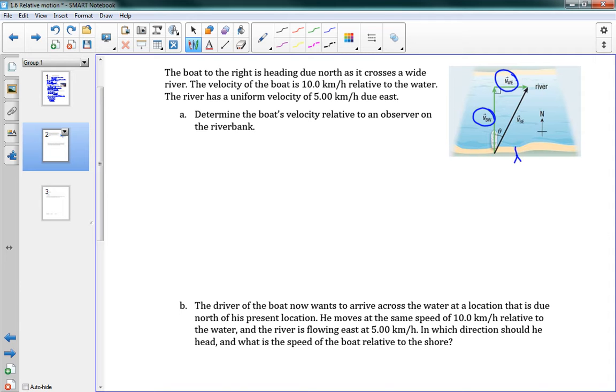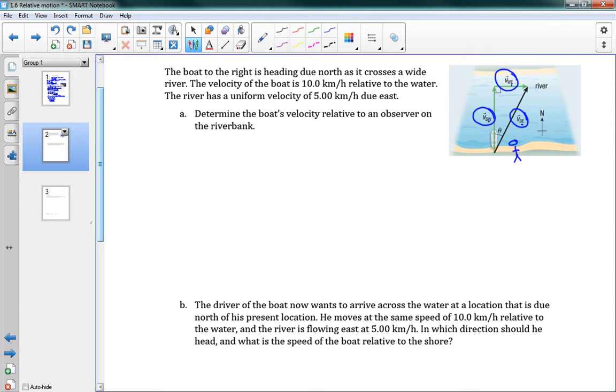So I'm over here on the riverbank. I'm on the Earth. So I'm trying to find the velocity of the boat relative to Earth. You see that for these questions, we frame our velocity for whatever reference frame we're using. So we have the velocity of the boat relative to water, velocity of the water relative to Earth. Now we want to get the velocity of the boat relative to Earth.